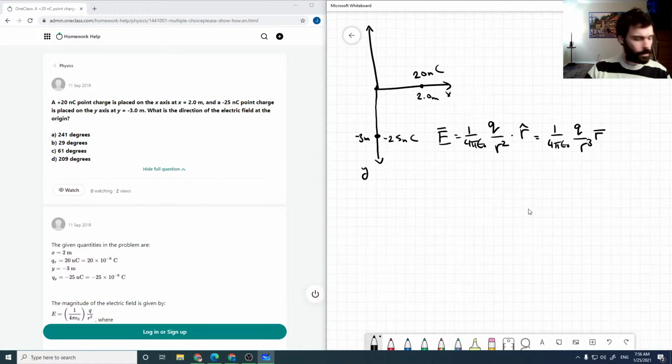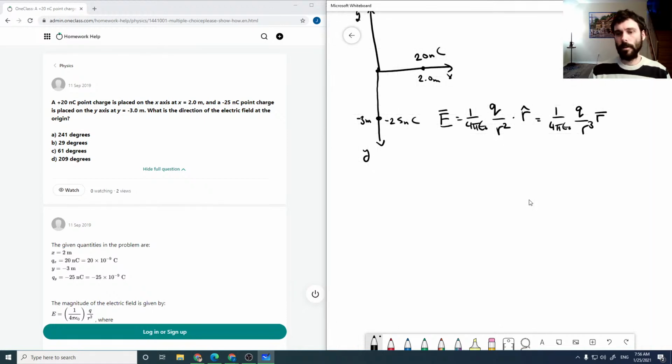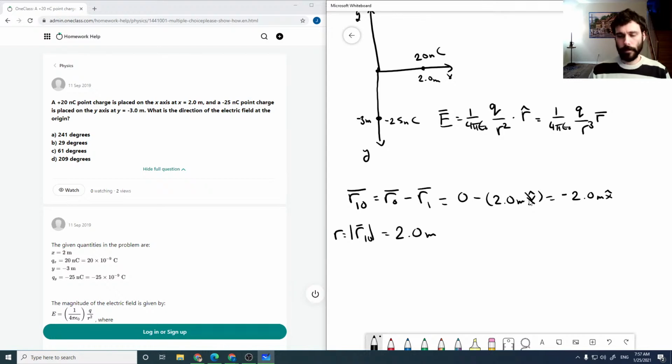So start off for the first charge, r10 is the distance to the origin minus the first distance. So 0 minus 2 meters x hat, which is then just -2 meters x hat. So there's our vector. Our r is just the magnitude, which is 2 meters.